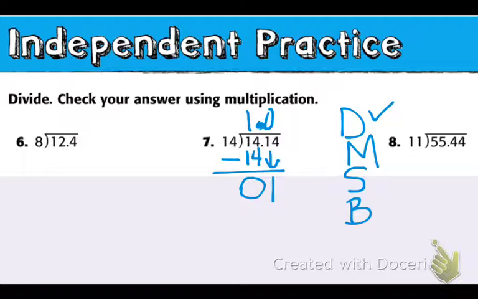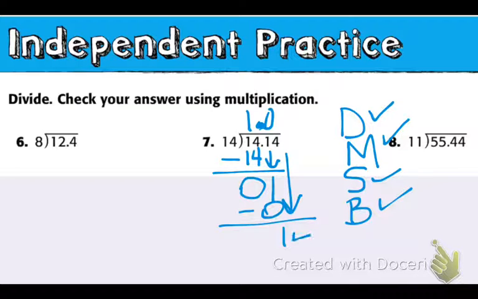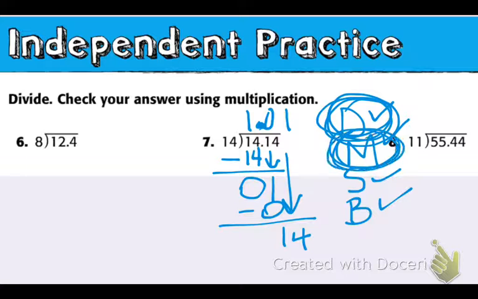Notice it's on that side above the 1. Multiply. 14 times 0, that's 0. I can subtract. 1's left over. Bring down the last digit, which is a 4. How many times will 14 divide into 14? Once. What is 14 times 1?